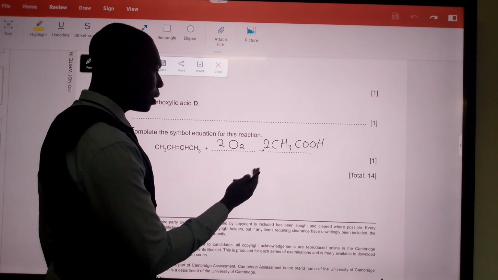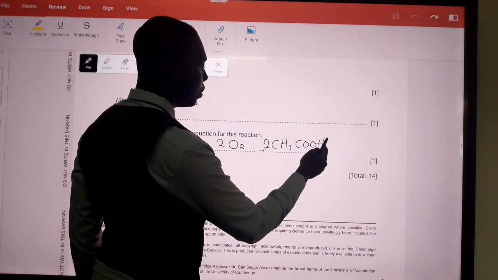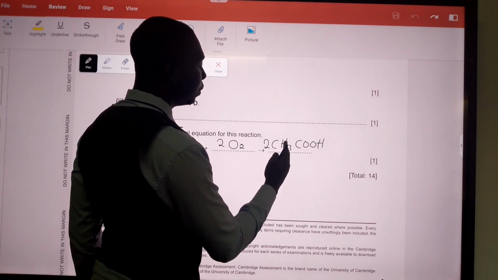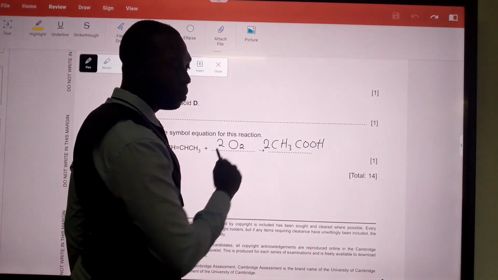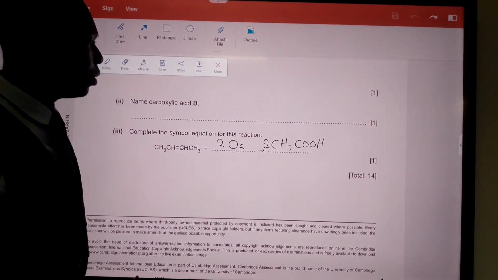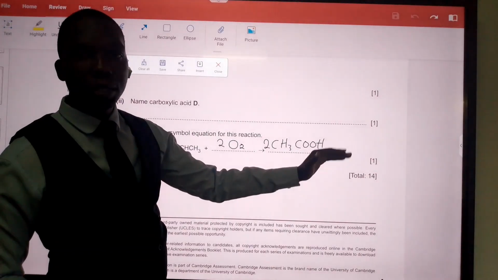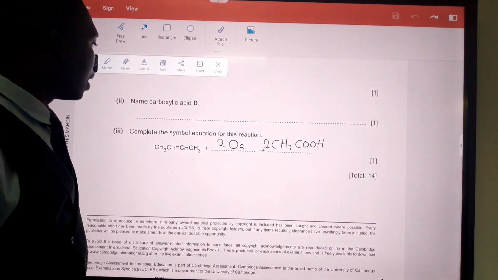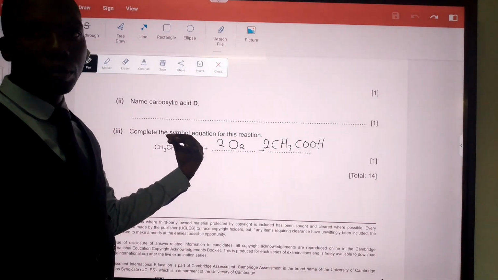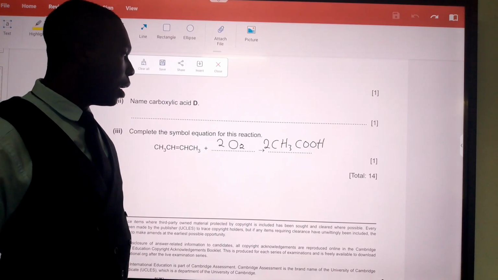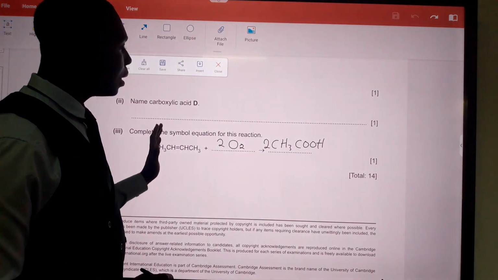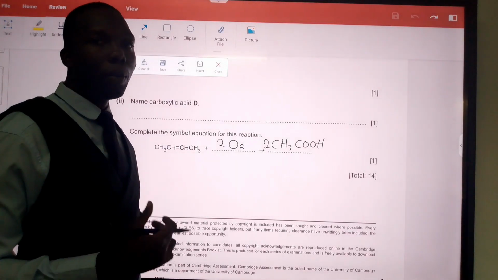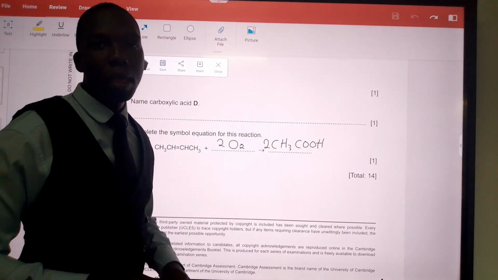On the right side we have 3 plus 1 in the molecule of ethanoic acid, which is 4, multiplied by 2, giving a total of 8 hydrogen atoms, equal to the number on the left hand side. So once again, when balancing equations, you should check each and every atom individually, one by one, to check if they are balanced.